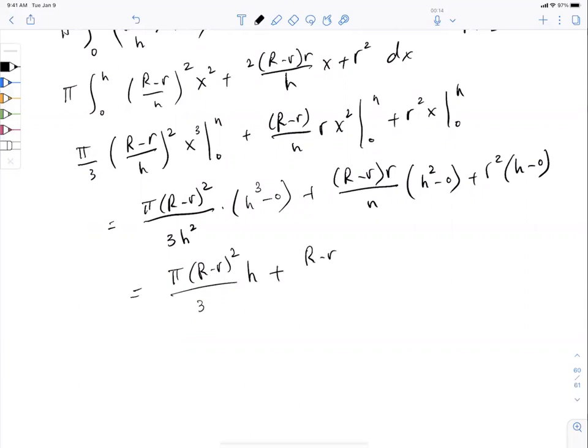Plus (R minus r) r h plus r squared h. Oh, there's a pi that's missing. Yeah, very good. They all should have a pi. It's a little sweetness for everyone. And if you knew what h was and you know what R and r were, then you can just calculate that.